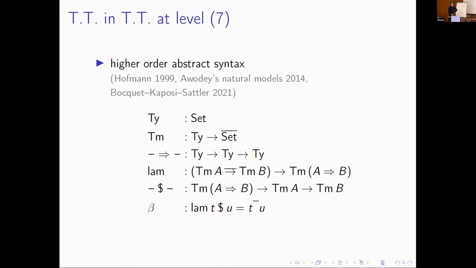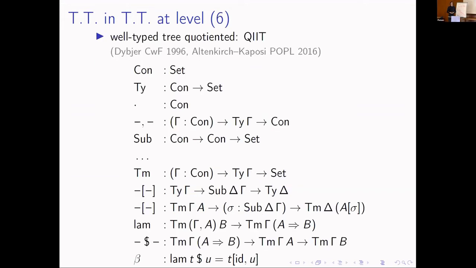And higher order abstract syntax is a more condensed description of the previous one. Where we don't need to talk about contexts and types, those are kind of given automatically by the system.